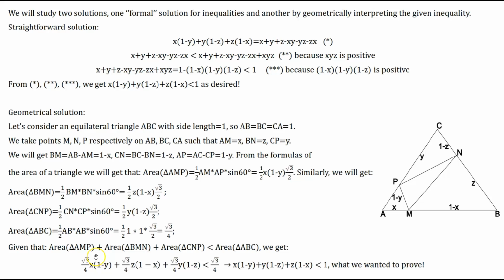We can divide both sides of this true inequality by square root of 3 divided by 4, and at the end, while we take away the square root of 3 divided by 4 from all the terms, we will get the desired result, what we wanted to prove, that x times 1 minus epsilon plus epsilon times 1 minus z plus z times 1 minus x is smaller than 1, in a geometrical interpretation.